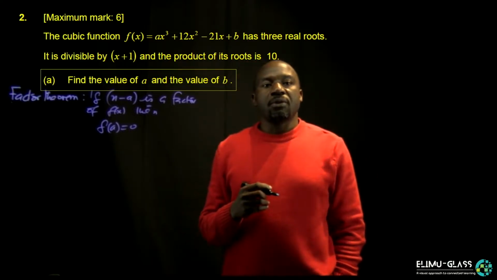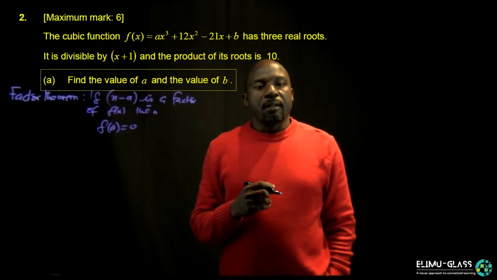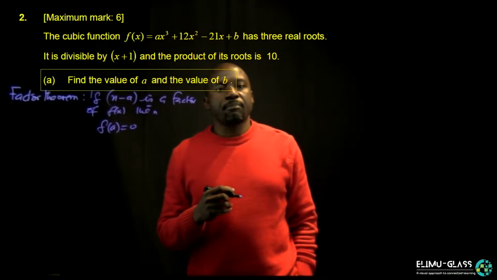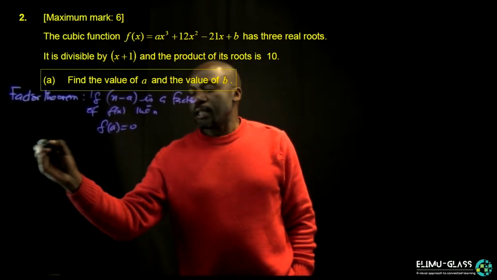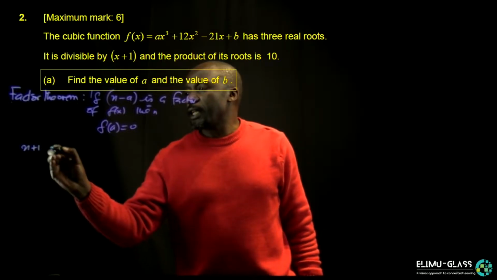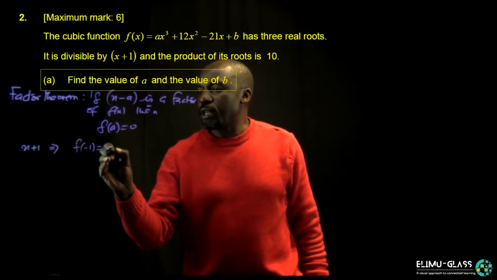How can we make use of the factor theorem here? Well, we are told that f of x is divisible by x plus 1. So since it is divisible by x plus 1, x plus 1 is a factor, which implies that f of negative 1 has to be equal to 0.